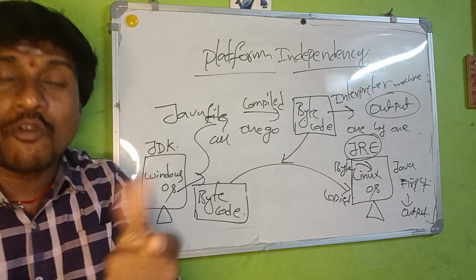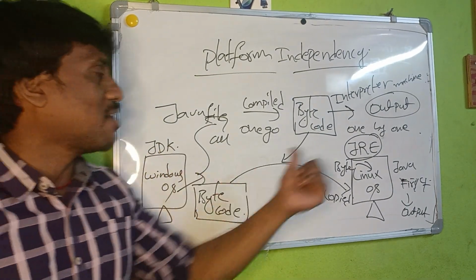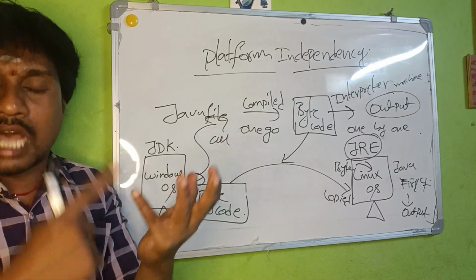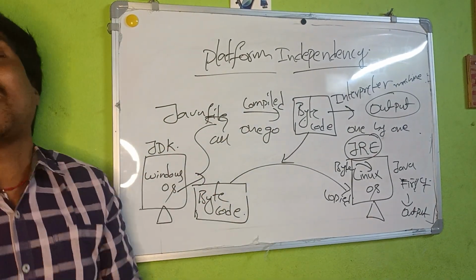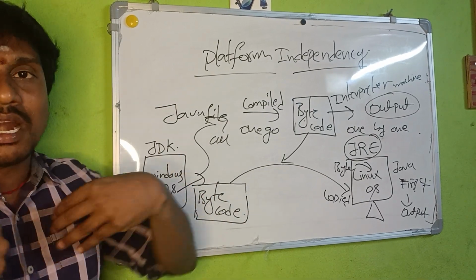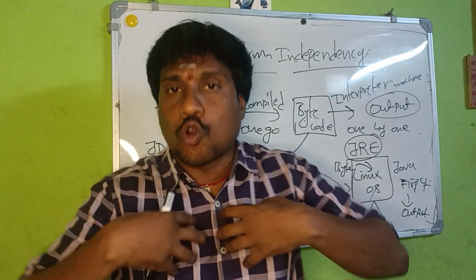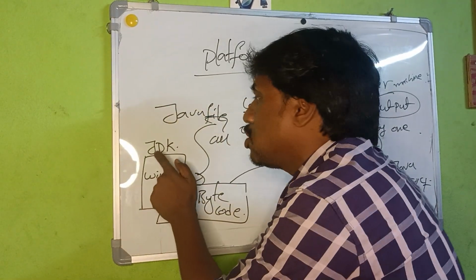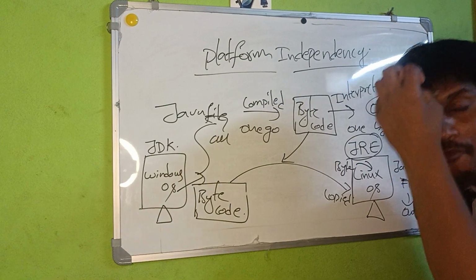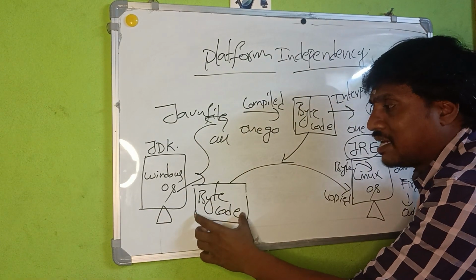Why? Now you need to catch the difference. What is the JDK and what is the JRE? JDK is needed if you want to write the Java program and compile it, our high level programming language code. But for execution of bytecode files only, I want the intermediate code.